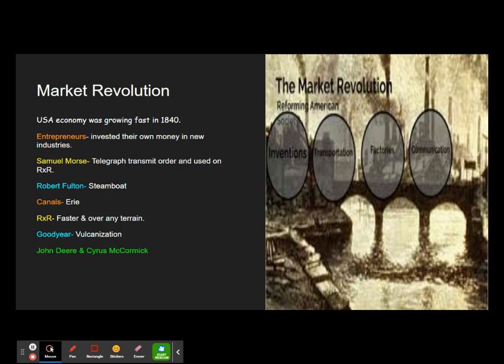And so people are now going to be able to buy and sell your goods rather than making them yourself, right? And so there's going to be like inventions that's going to fuel the economy.